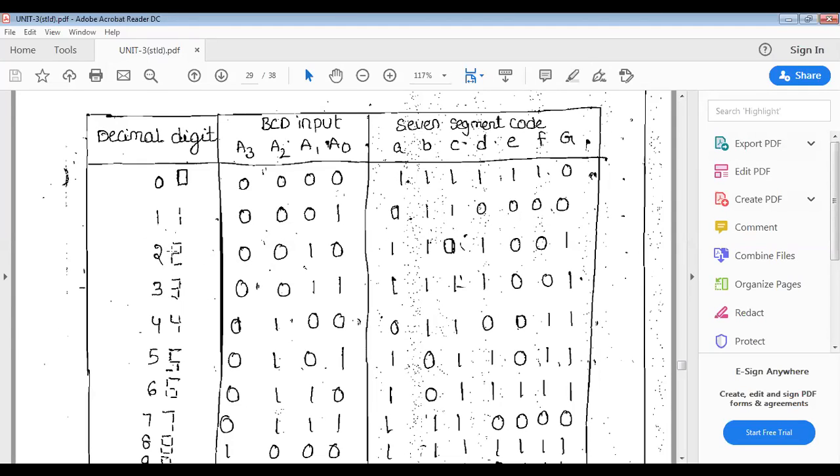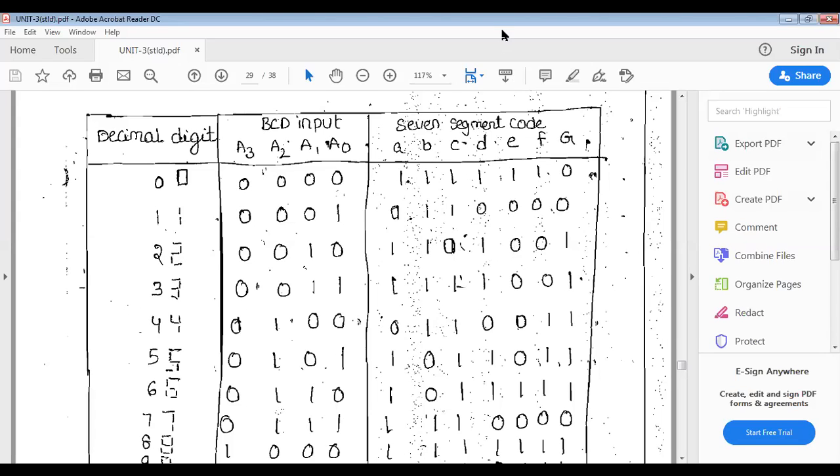Only C and F are off, but what is written in the table is wrong, my dear students. C is 0 and F is 0, but E is not 0 here. E is also 1.